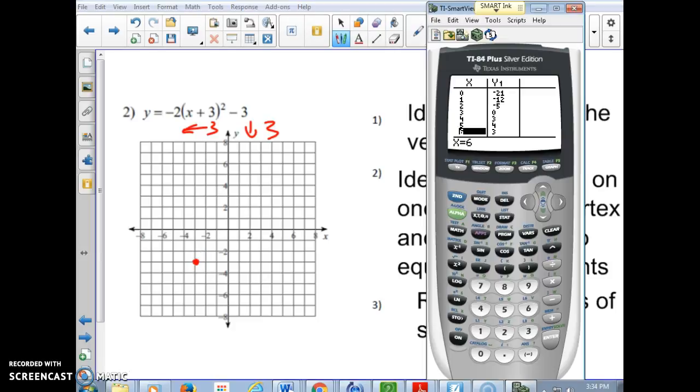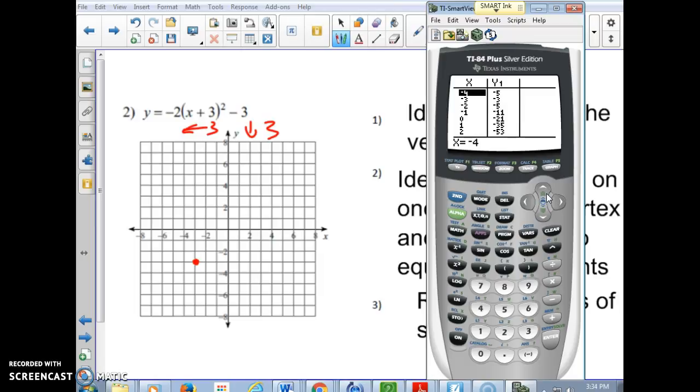Well, I'm going to plot this into my calculator then. So I'm going to put in y equals negative 2, and then x plus 3 squared minus 3. Now, in this case, I'm going to choose negative 2, negative 1, and 0 and see what happens in my graph. So let's see here.